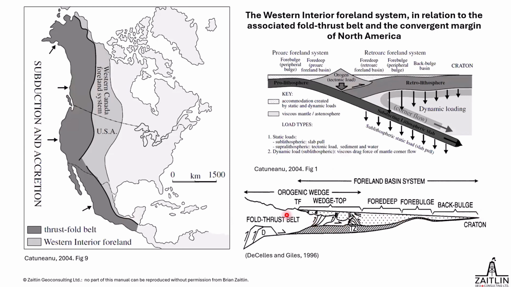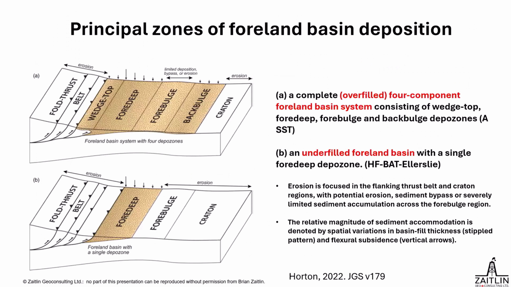And if we take a look at what's happening within that foreland basin system, on the most gross scale, it can be broken up into four components: the wedge top component, immediately on the other side of the thrust front, the foredeep, the forebulge, and the back bulge area. Now, if we're taking a look at a foreland basin system, we can think of it as occurring in two different end members.